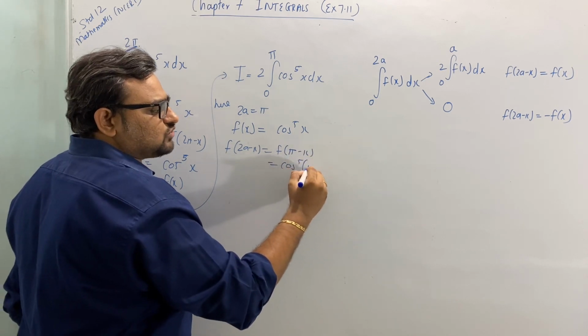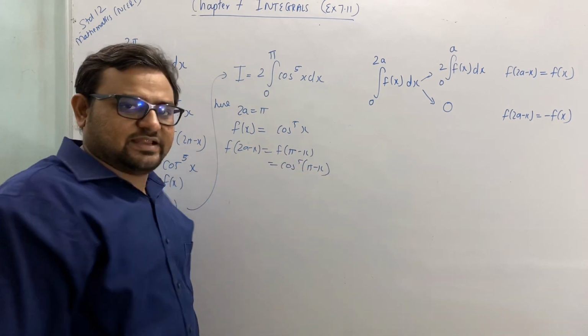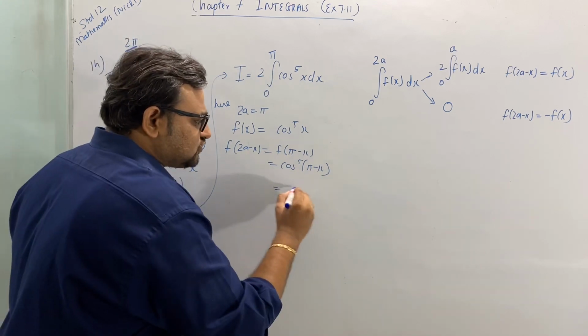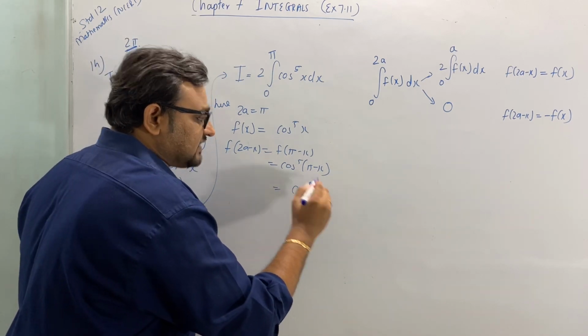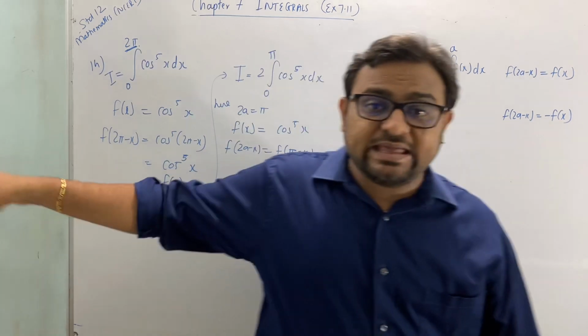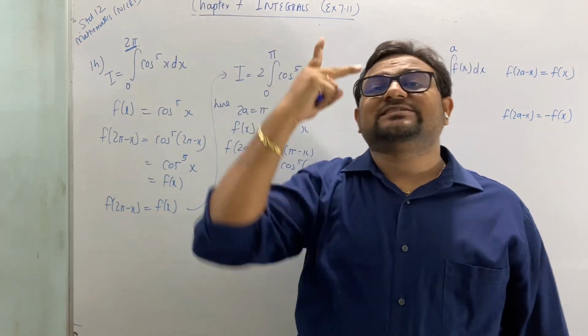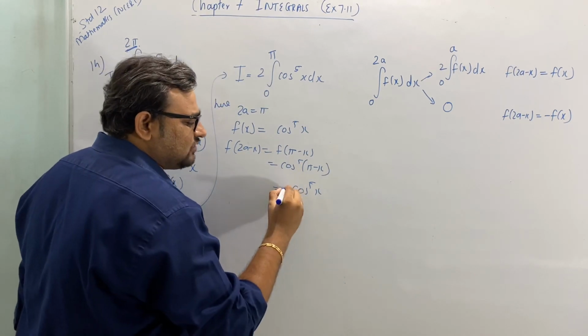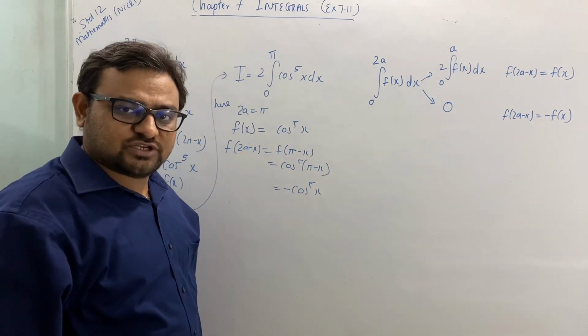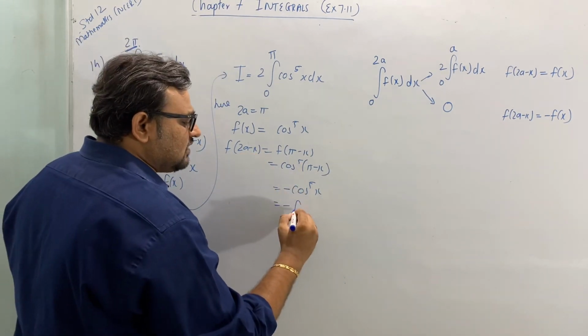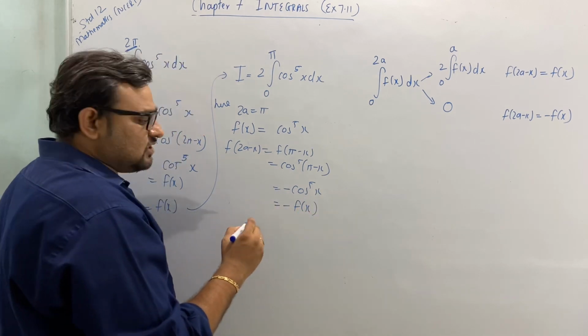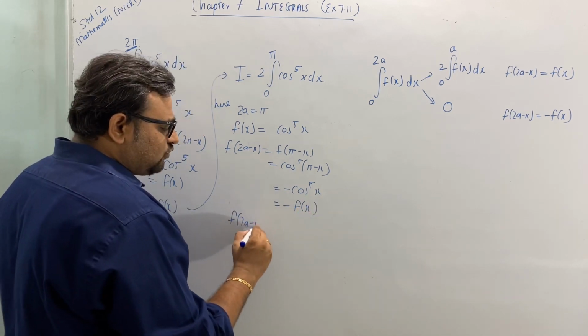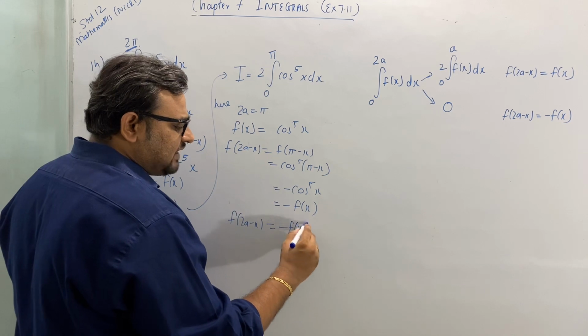So cos raised to phi pi minus x. So pi shift, so it will be cos raised to phi x. But pi minus x is in the second quadrant. In the second quadrant, cos is negative. So it's minus cos raised to phi x. So this is equal to minus f of x. So here you can say f of 2a minus x is equal to minus f of x.